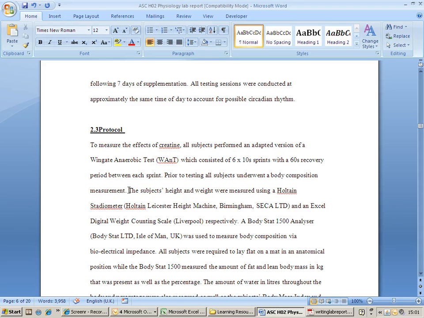In this case, the student has provided information that relates to how the subject's height and weight was measured. So we're using a specific stadiometer, and contained within there is information on its location of manufacture.